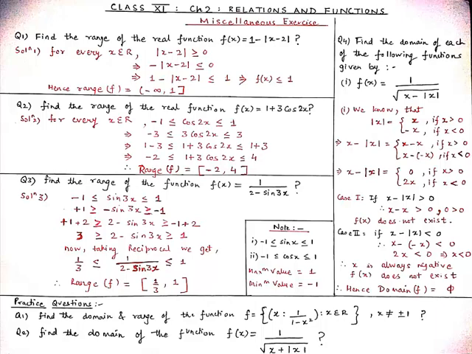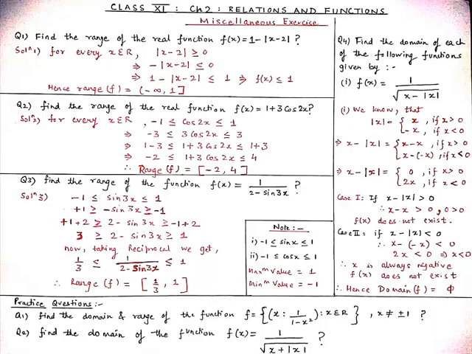Therefore, the range of sin 3x will also be [-1, 1]. So we can write -1 less than or equal to sin 3x less than or equal to 1. The coefficient of sin 3x is -1, so when we multiply by minus on both sides, the sign of inequality changes. Therefore, less than or equal to now becomes greater than or equal to.